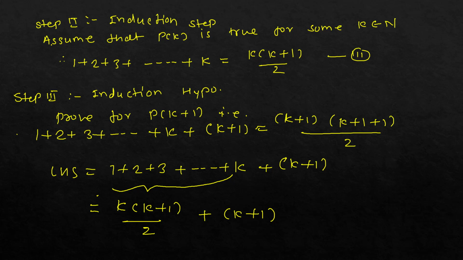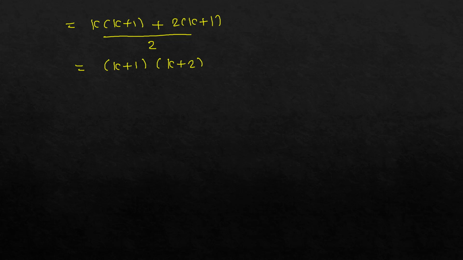Now perform the cross multiplication. We get k(k plus 1) plus 2(k plus 1) upon 2. So is equal to, now k plus 1 take as a common term, remaining value k plus 2 upon 2. So equation number 4.